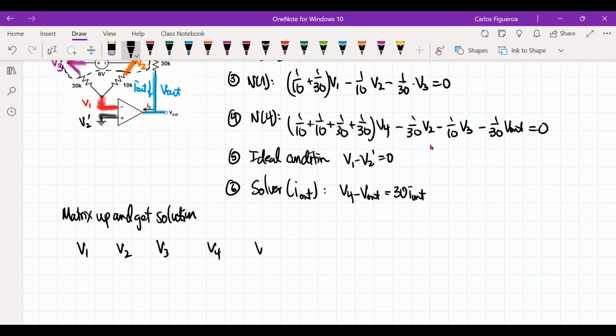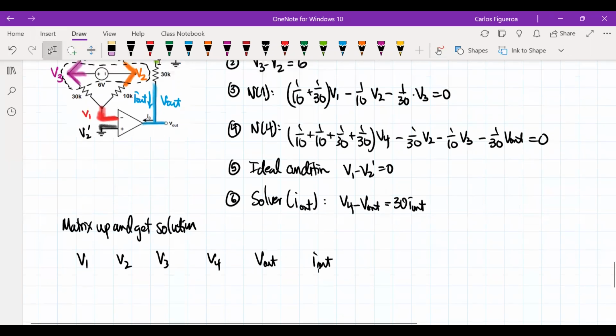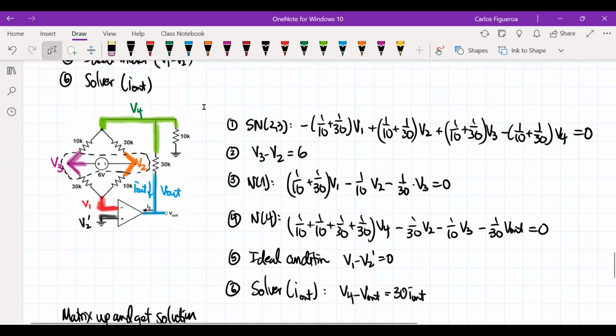Then I have Vout, that's an unknown. And of course I have iout. So here we go. My unknowns then go something like this here. So I need V1. So I have 1 here, 1 right here, 1 right there, and then I'm going to keep going here.